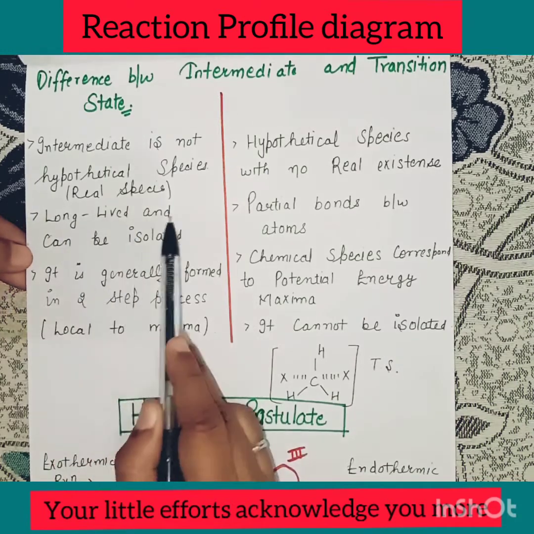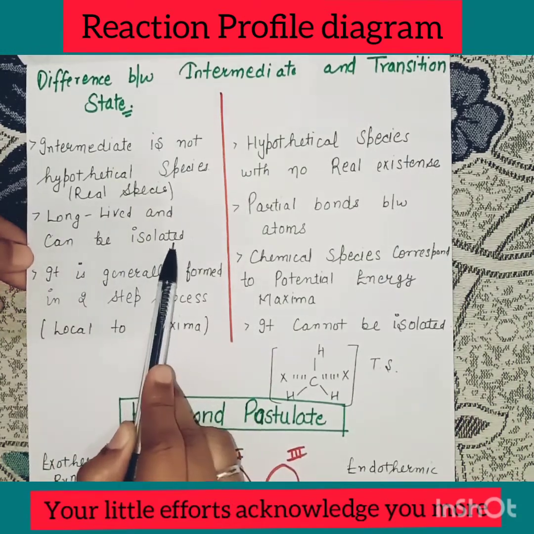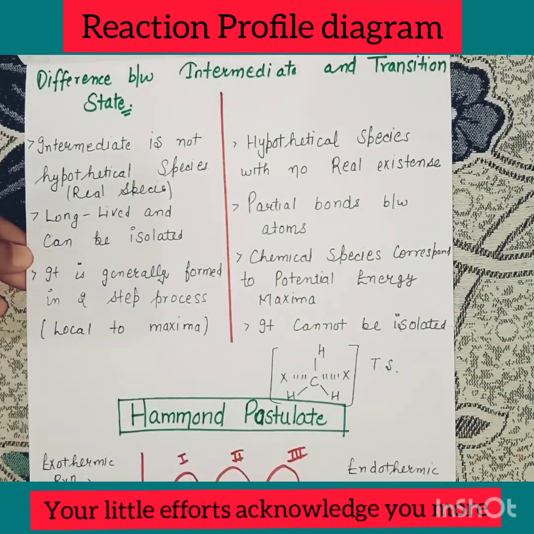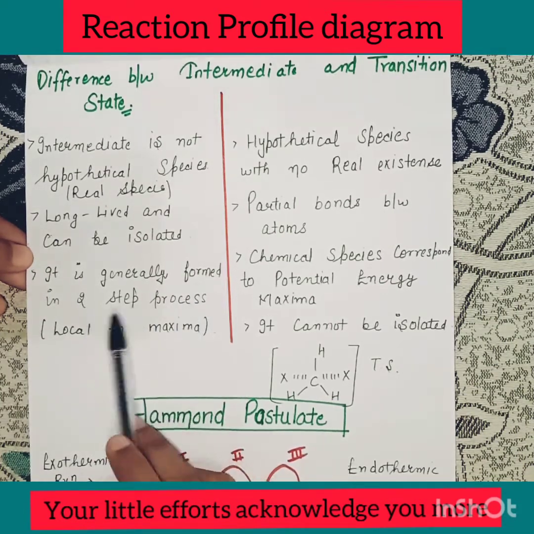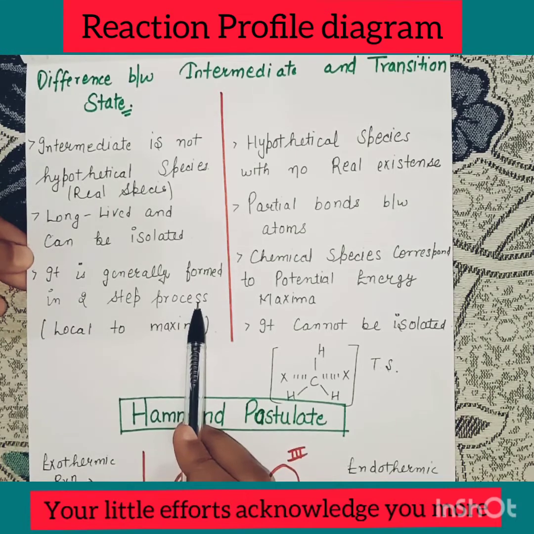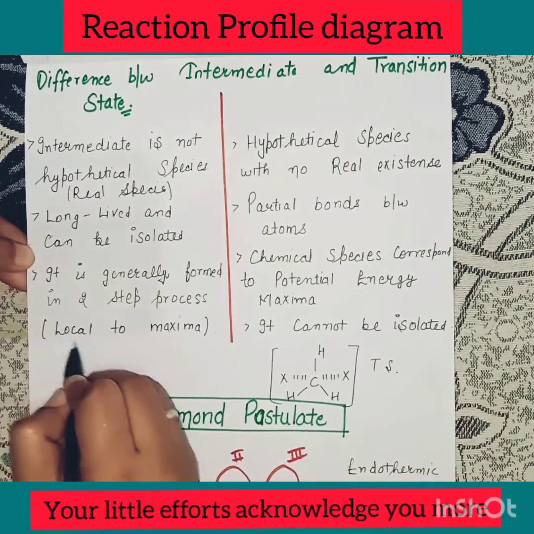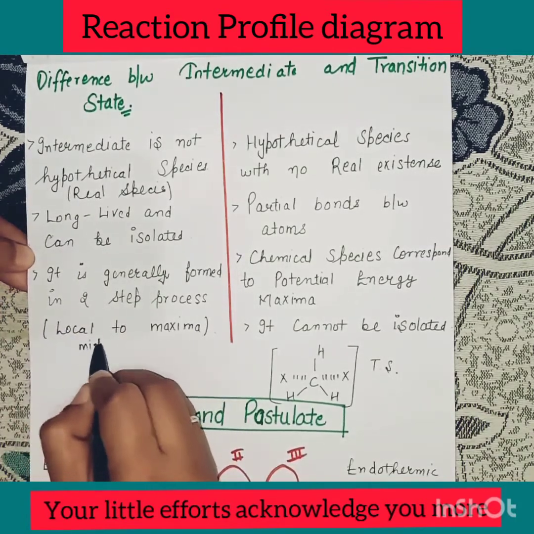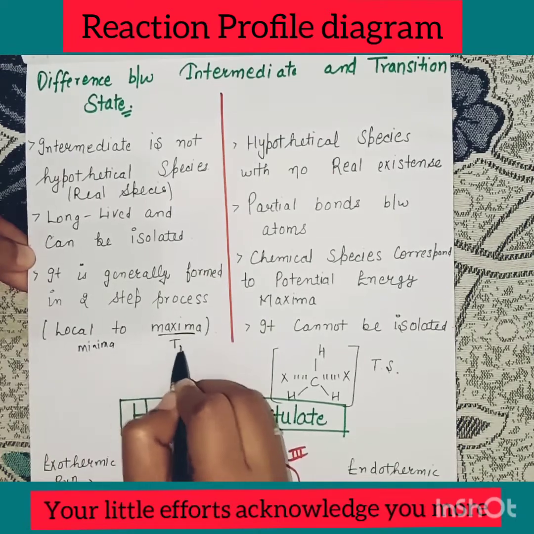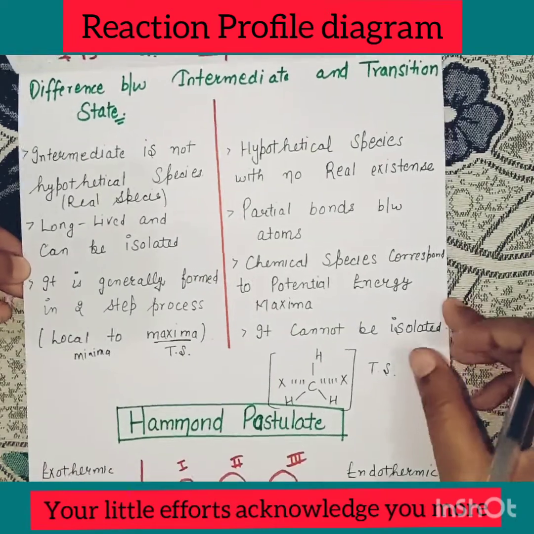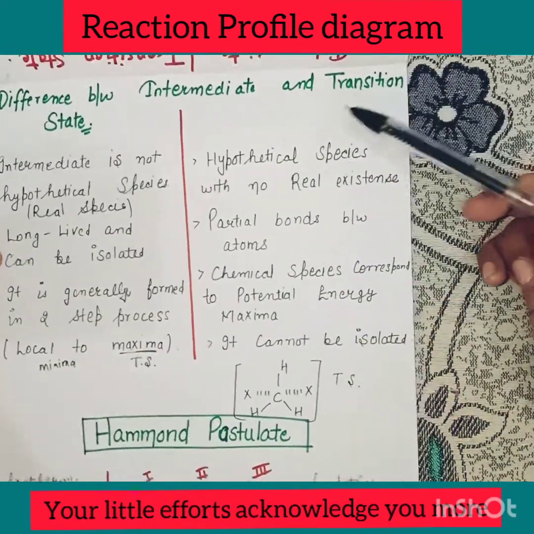It is long lived and can be isolated. Its lifetime is long and can be isolated by trapping. It is generally formed in 2-step process. Intermediate is formed in 2-step process, not in 1-step process, and it is generally local minima, not maxima. Maxima is transition state.